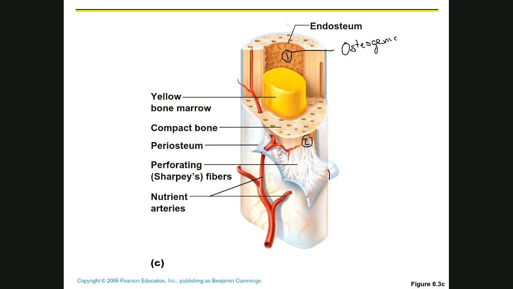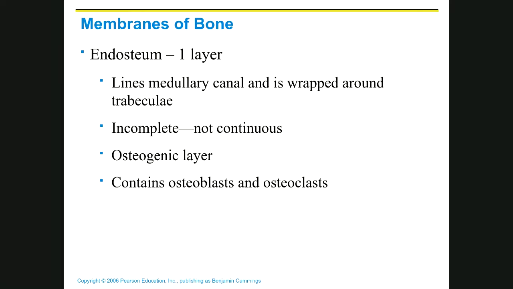That's also osteogenic. And remember, osteogenic has those two types of cells, osteoblasts and osteoclasts. And so if we do a cross section here, it's not on the outside, it's lining this medullary canal. It's right here.